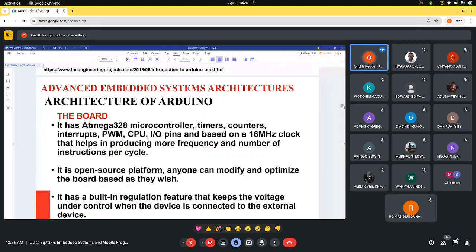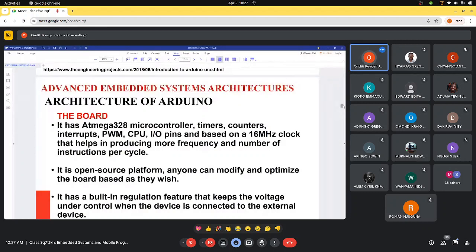These take us back again to our programming, to our operating system, whereby you learn about counters and you learn about interrupts. We have the PWM, which we've just explained, the CPU, the input-output pins, and the clock we have seen there, 16 megahertz, that helps produce more frequency and the number of instructions per cycle in this particular board.